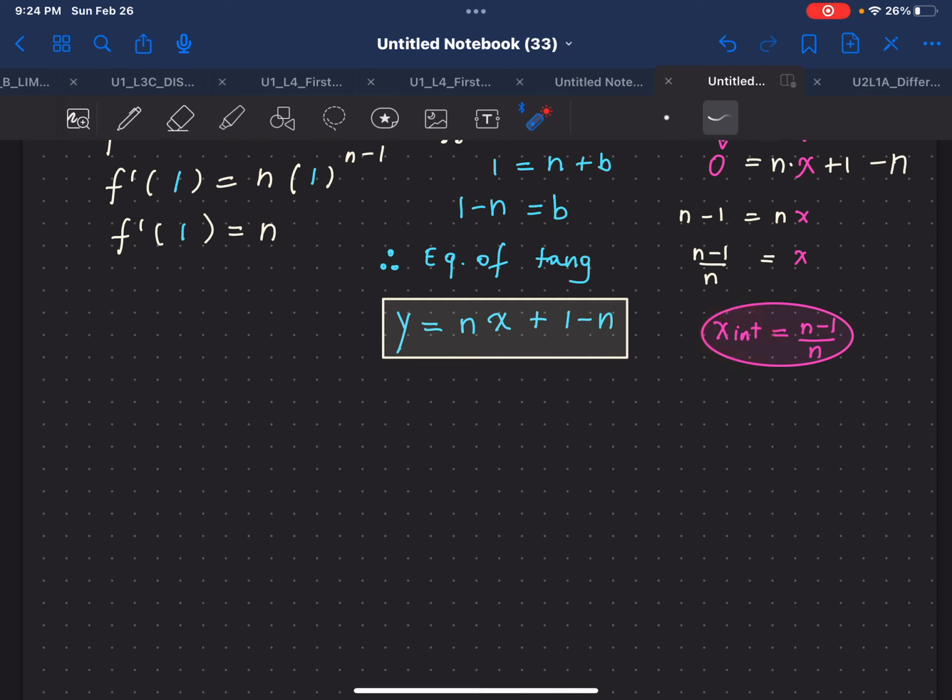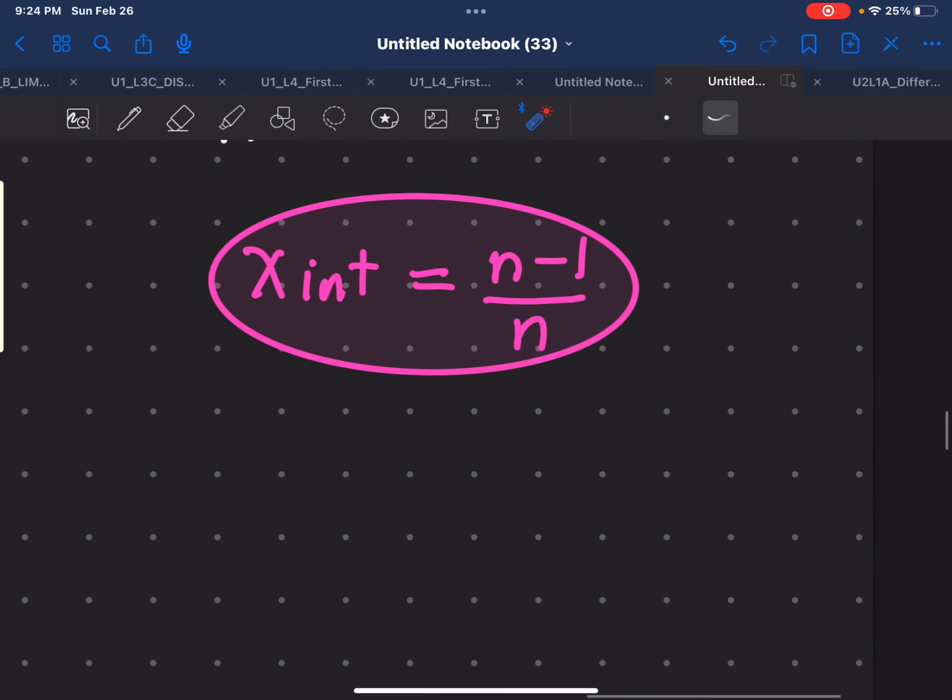Remember that to find the value of the x-intercept when n approaches infinity, we need to substitute n by infinity. But if you substitute n by infinity, then we'll have infinity minus 1 over infinity, which is an indefinite value.